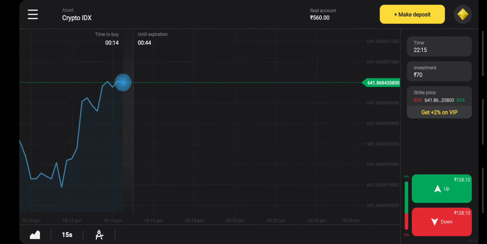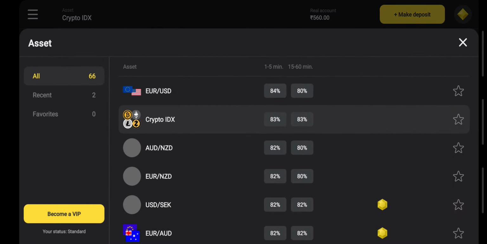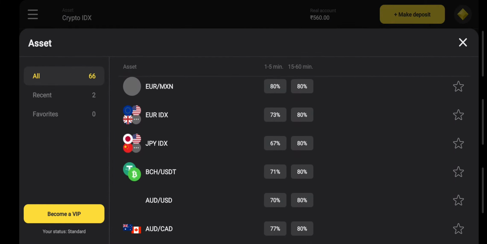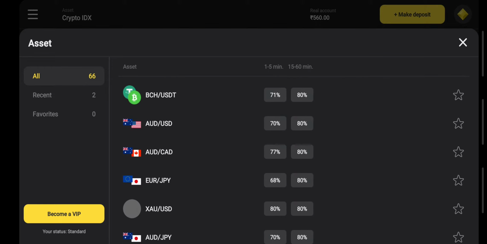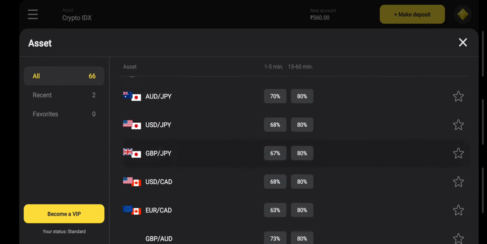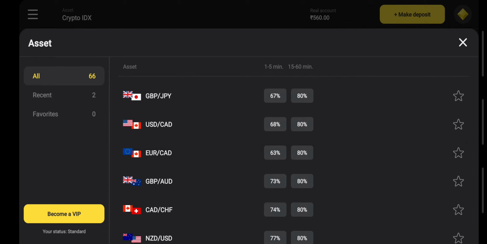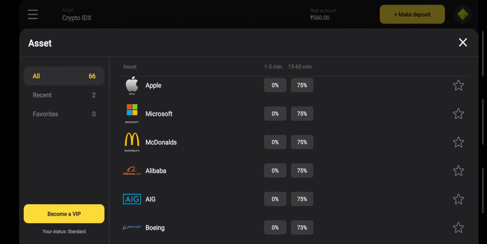As you can see, there are different types of assets. These are foreign exchange instruments, where you can see the Australian dollar and USD conversion rate, Japanese yen and dollars, and many other financial instruments.